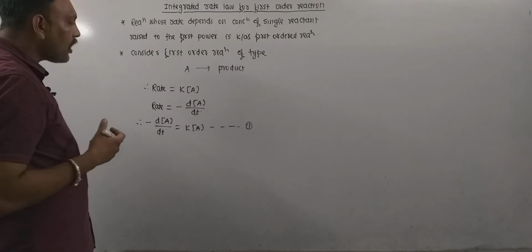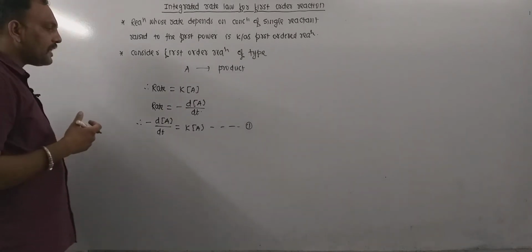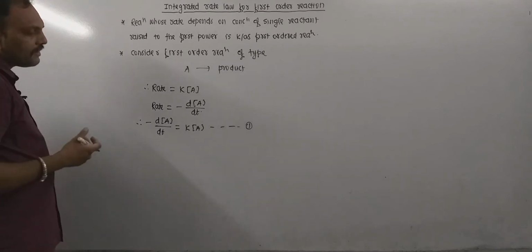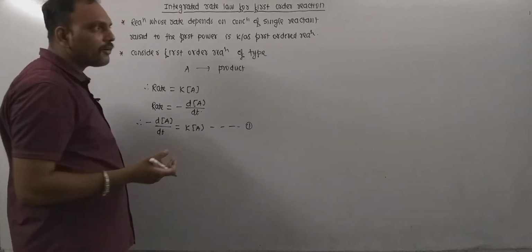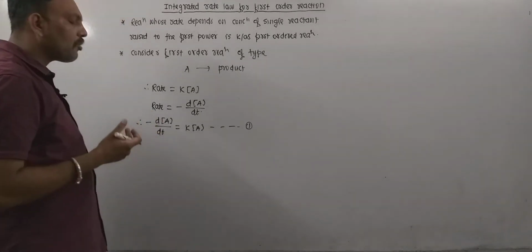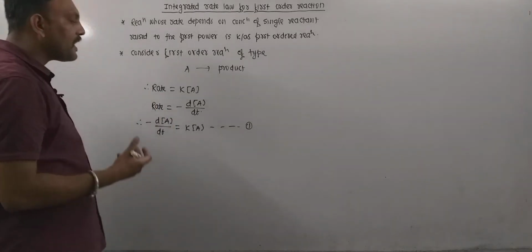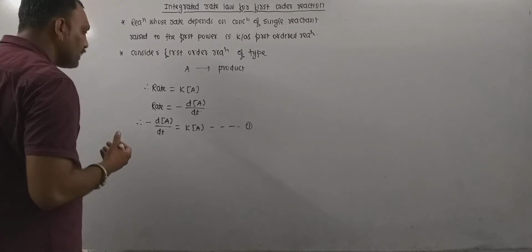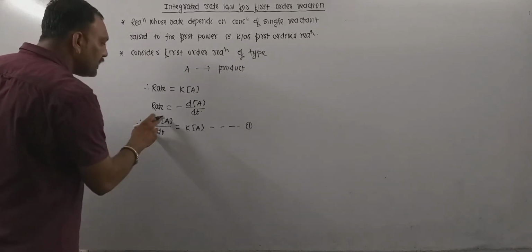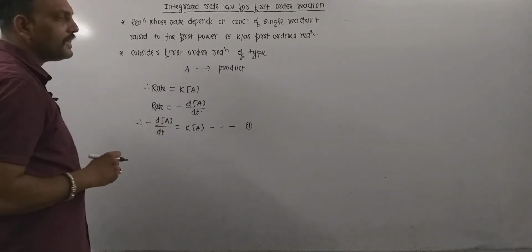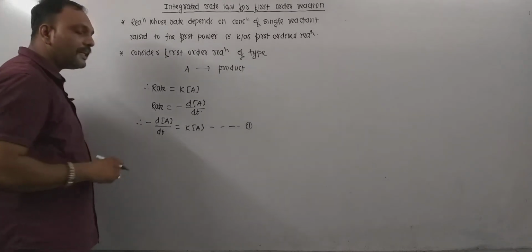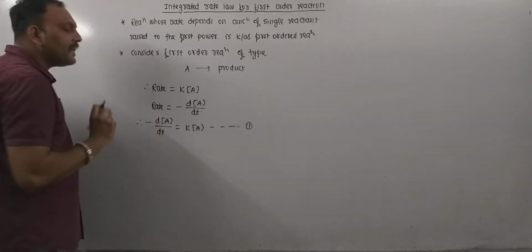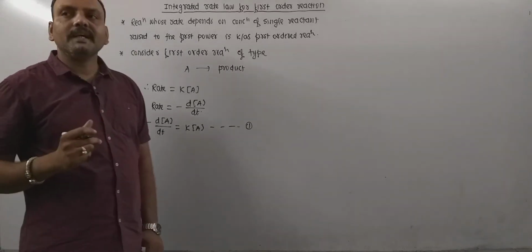Remember, concentration of A in this differential rate law is the concentration of A remaining unreacted after time interval t, and the negative sign in minus d[A] by dt indicates the consumption of reactant.